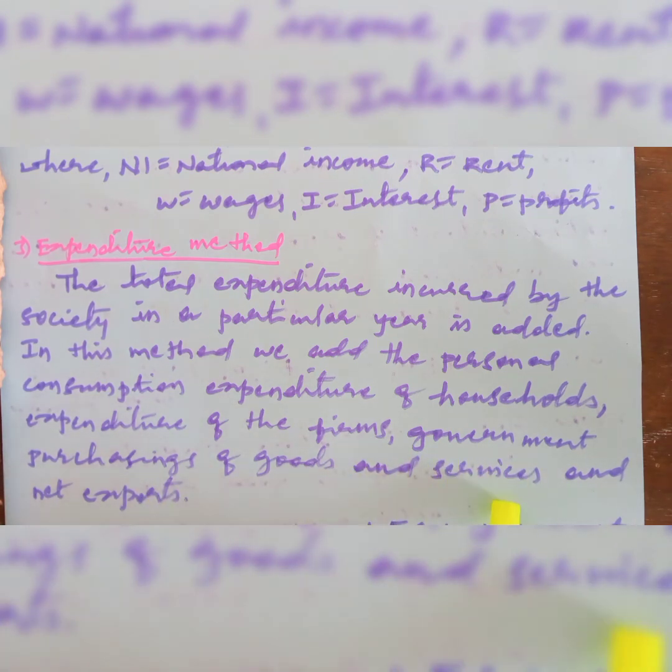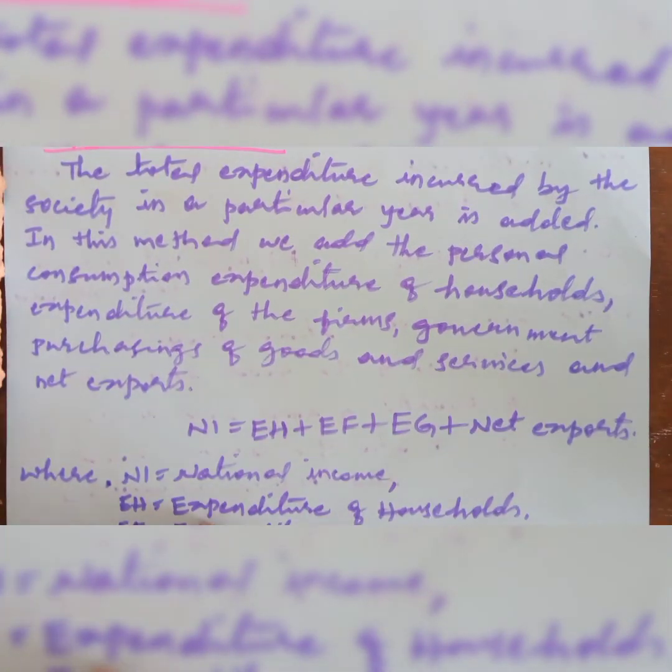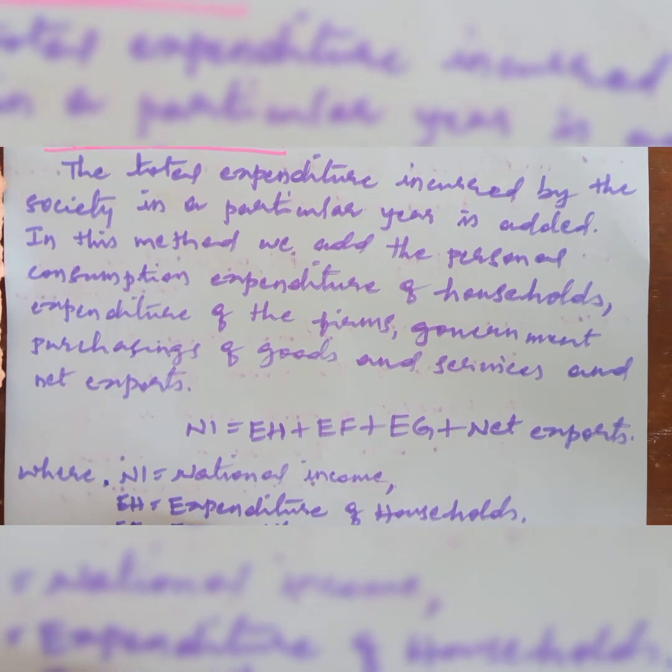Government purchasing of goods and services: the government also purchases many goods and services for maintaining government institutions and properties, so the government also incurs expenditure in a particular year. And one more thing is net exports. When the country exports goods and services to other countries, for that exporting there is also expenditure. That expenditure will also be calculated in national income. Okay.